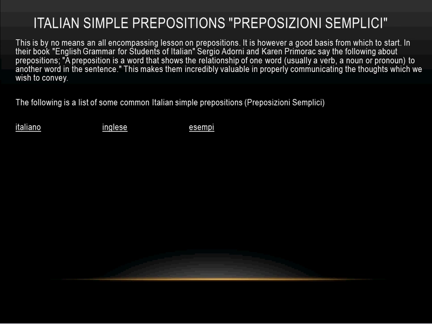The following is a list of some common Italian simple prepositions. Preposizioni semplici. Di. In English, we simply translate that as of. Esempi: la penna è di Giulia.